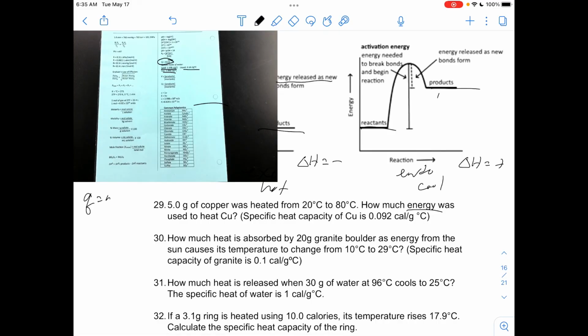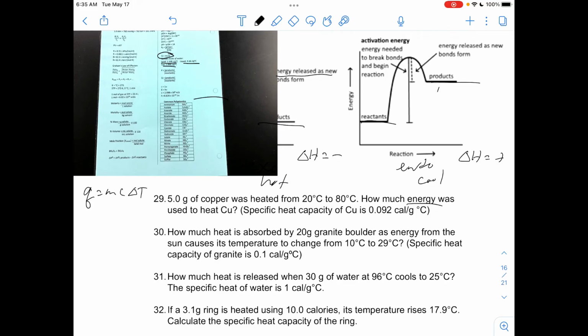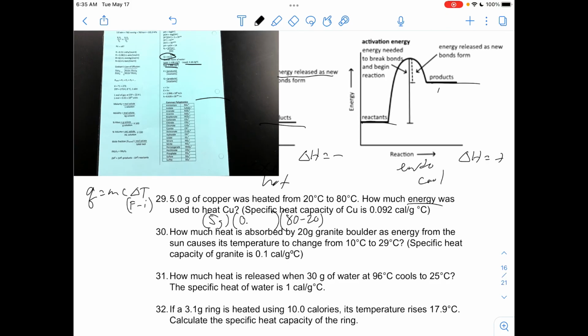So Q equals mcΔT. We have 5 grams, that's the mass, heated from 20 to 80. Remember, delta T is always final minus initial. Whenever you have delta anything, it's going to be final minus initial. So the final temperature was 80 minus 20. And the specific heat of copper, which would be given to you, is 0.092. We're going to solve for Q.